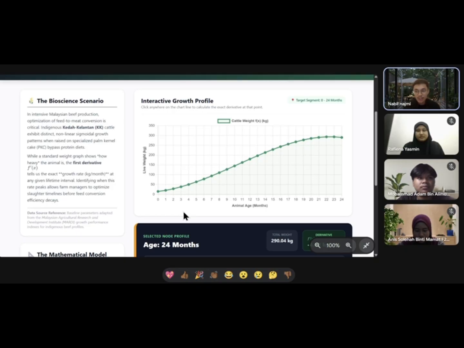This approach allows farmers to understand growth patterns scientifically and systematically. The importance of the study is that it helps farmers to determine the most suitable time for feeding and slaughtering the cattle. As a result, meat production can be increased while reducing the farming costs.